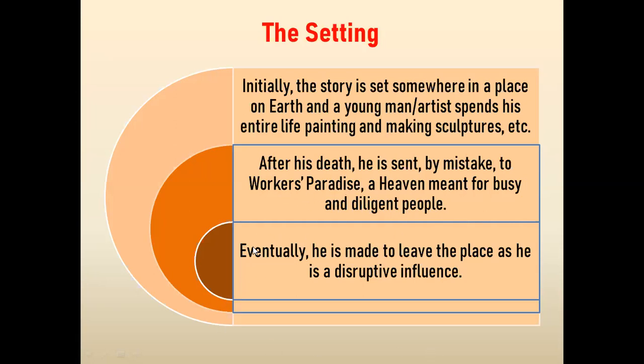At the end, he's made to leave, so there is a movement away from workers' paradise. Though we're not sure where he goes at the end. Maybe he goes to another place where it's a paradise for artists, or maybe a paradise for idle people. We don't know that. But at the end, he leaves the place. Therefore, for the major part of the story, the setting is workers' paradise, which is a heaven meant for busy and diligent people.